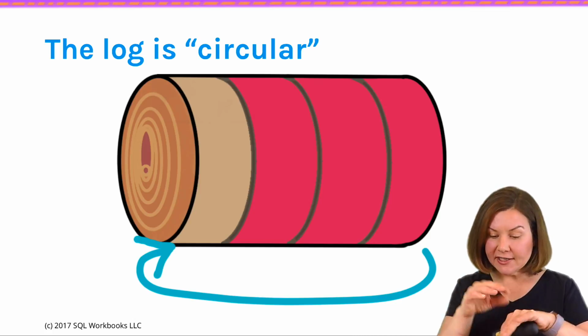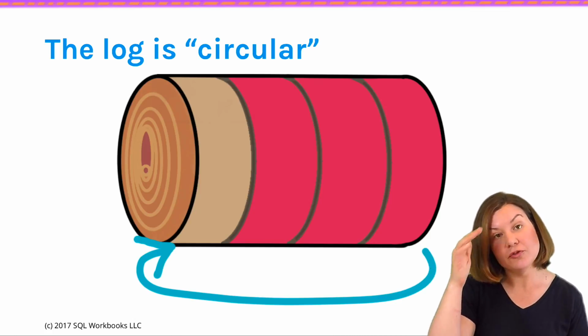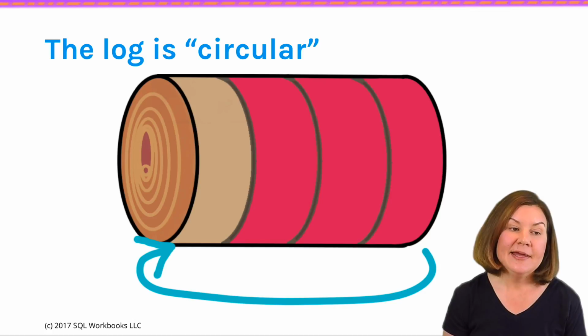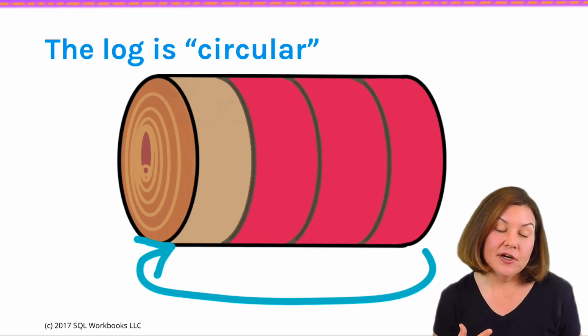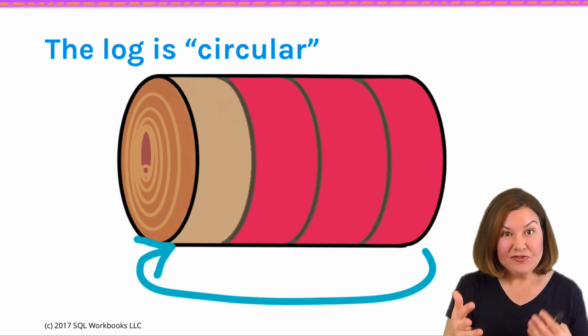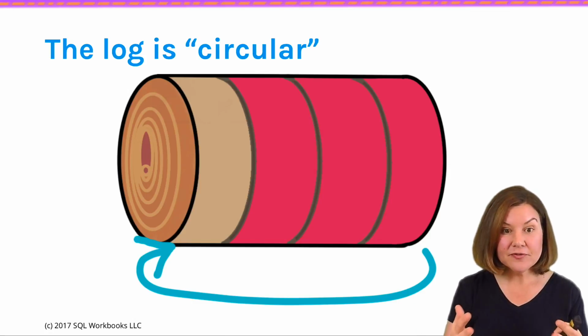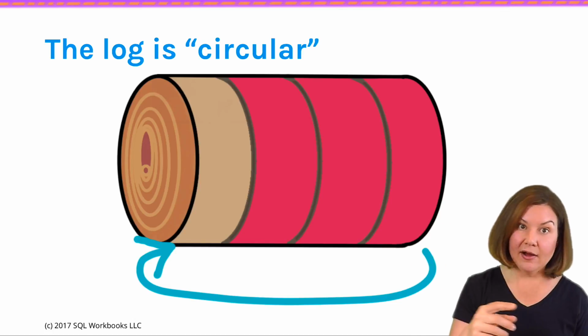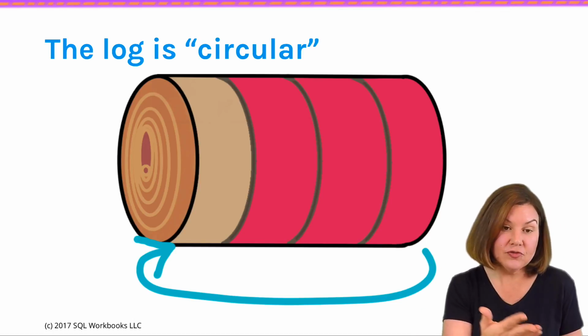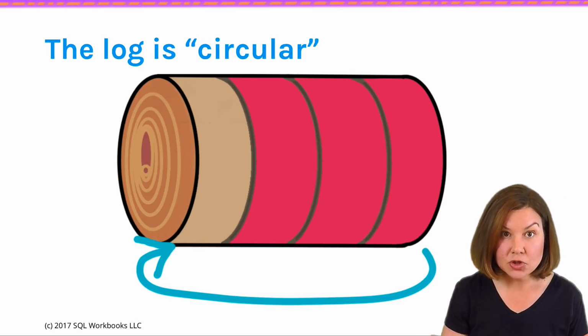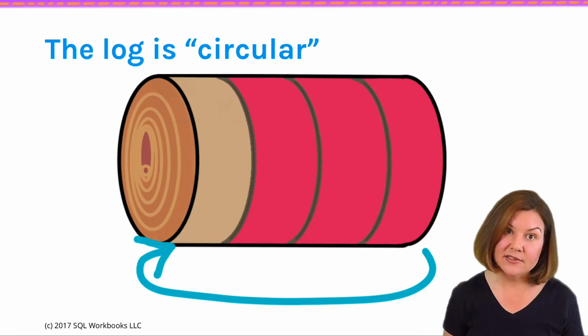We keep on writing, and SQL Server uses that 4th virtual log file. The log is what's called circular. So when we finish using that 4th virtual log file, SQL Server says, I can wrap around and start at the first virtual log file. It has been truncated. I can reuse it.